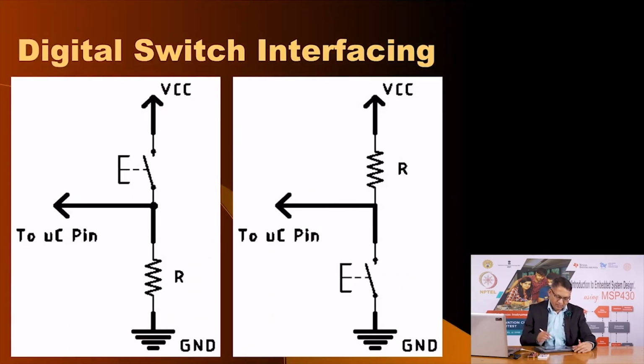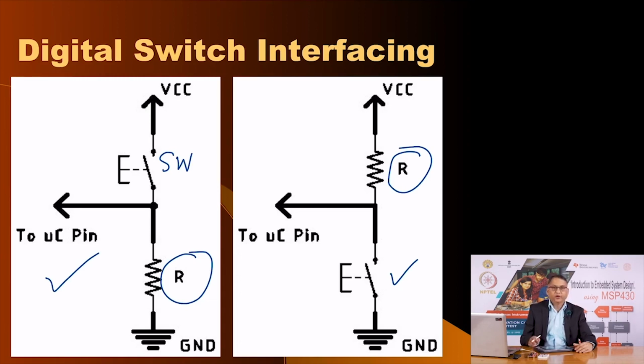Here is the pull down configuration. As you see here, this is the mechanical switch, this is the pull down resistor, and in the second configuration we have the switch here and the pull up resistor. The connection between the resistor and the switch in both cases goes to a microcontroller pin, in this case an MSP430 pin, which can be configured as input.